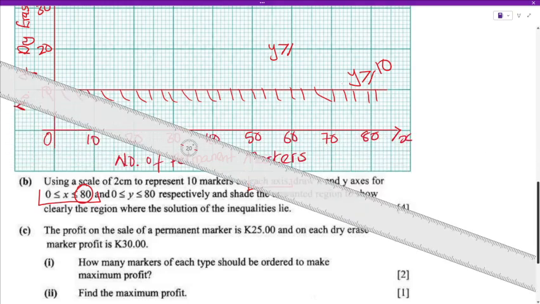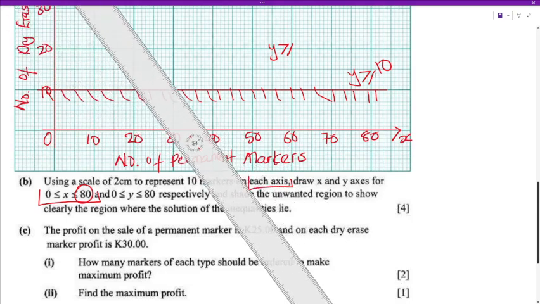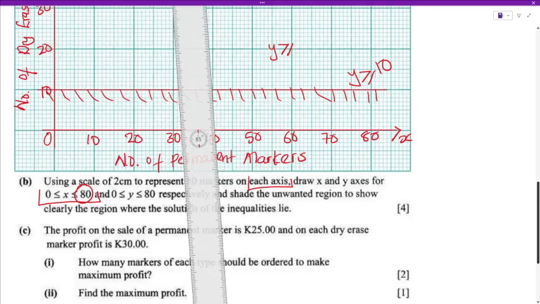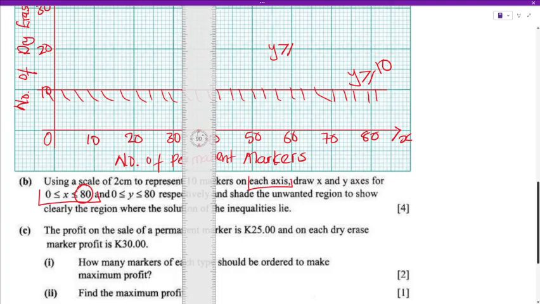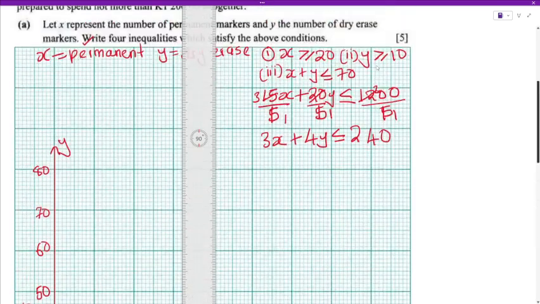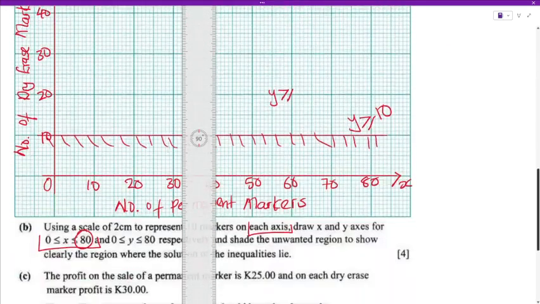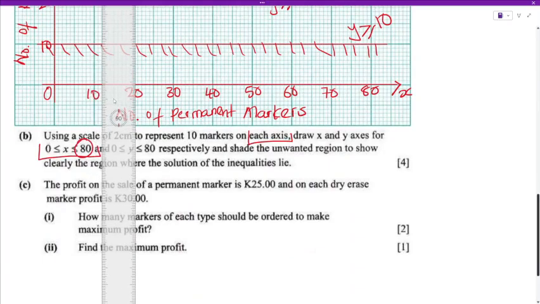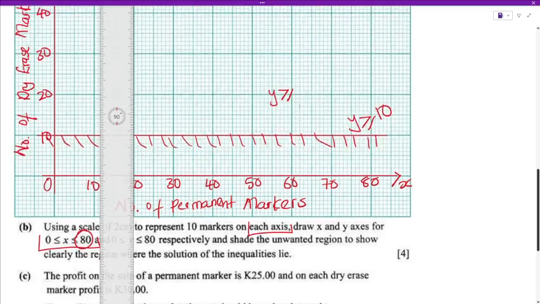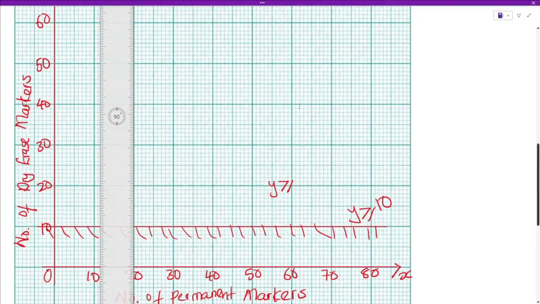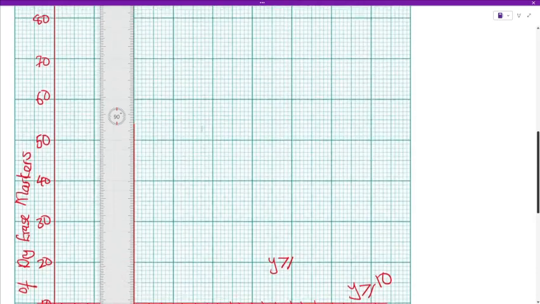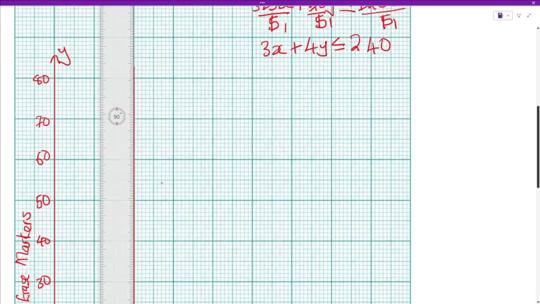We now go to x and turn the ruler like this. Okay, should be 90. What is the inequality? X is greater than or equal to 20. So I'll go to where x is equal to 20 right here. Then I draw a line passing through that point, and take it up to somewhere here.